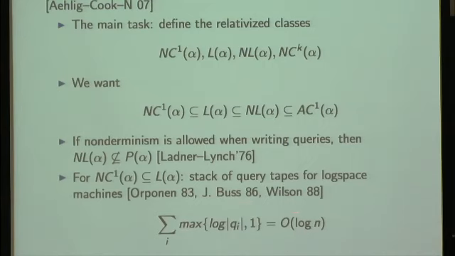A few people before worked on the definition and came up with this requirement for the log space machine: the total sum of the log of the length of the queries must be of order log n, so that the definition makes sense. But even with this requirement, we still don't have that NL alpha is contained inside AC1 alpha.